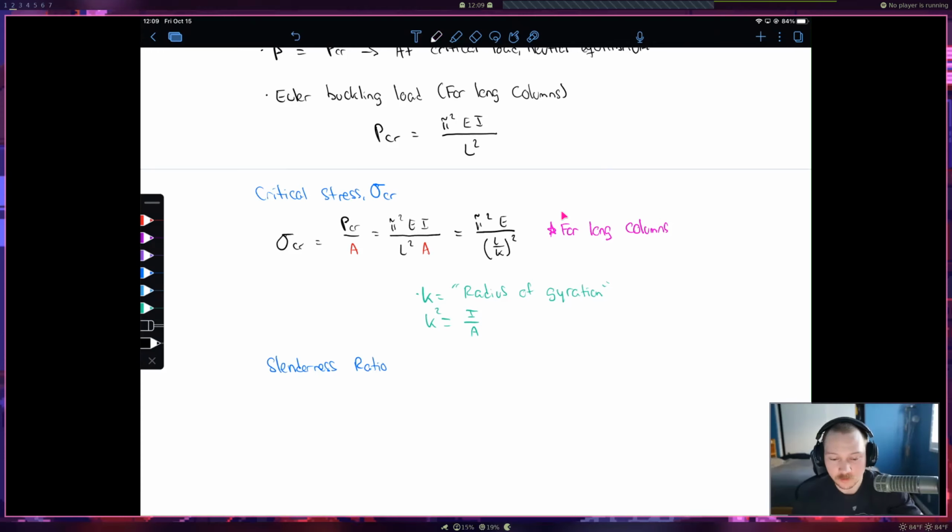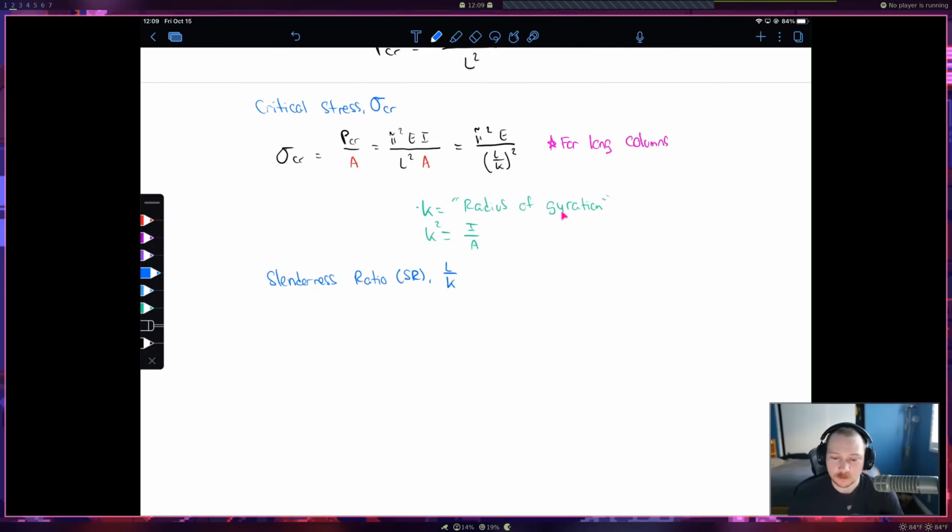Alright, so the slenderness ratio again is L divided by K. Okay, I might call the slenderness ratio SR because way less syllables, right? Okay, so that's what we have, and again, it's a method to define if we have a short column, intermediate, or long column.